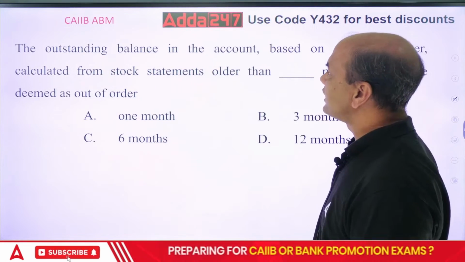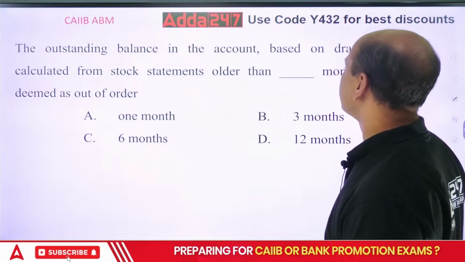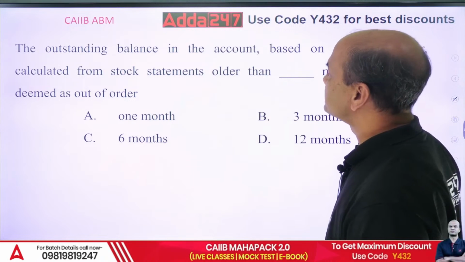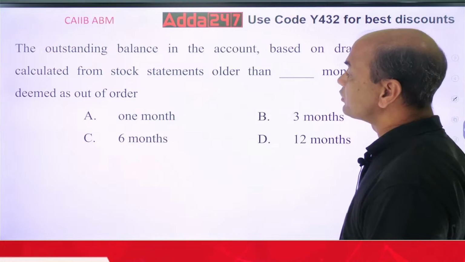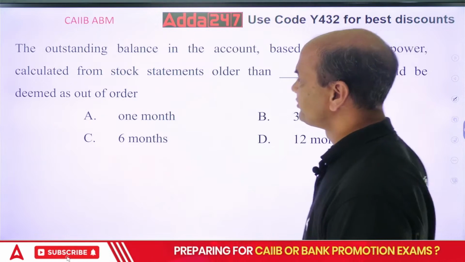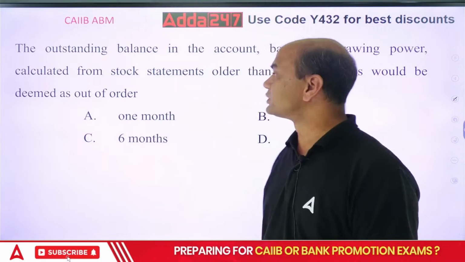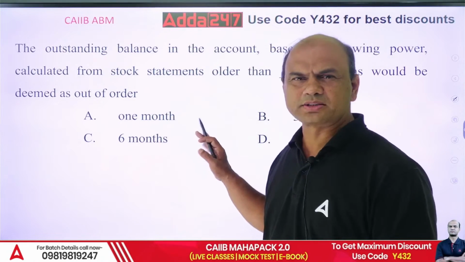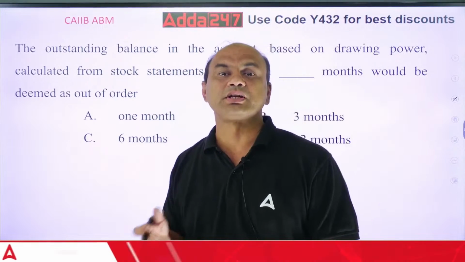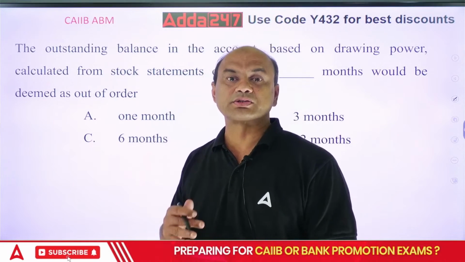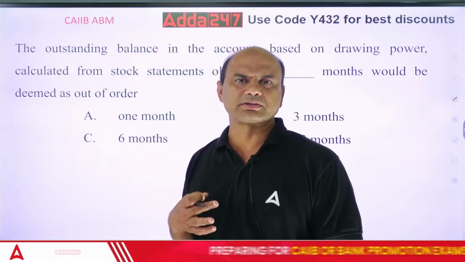The outstanding balance in the account based on drawing power calculated from stock statements older than dash would be deemed as out of order. Very important. So basically what does it mean? What is the period above which the stock statement or the stock details submitted by the customer are outdated?